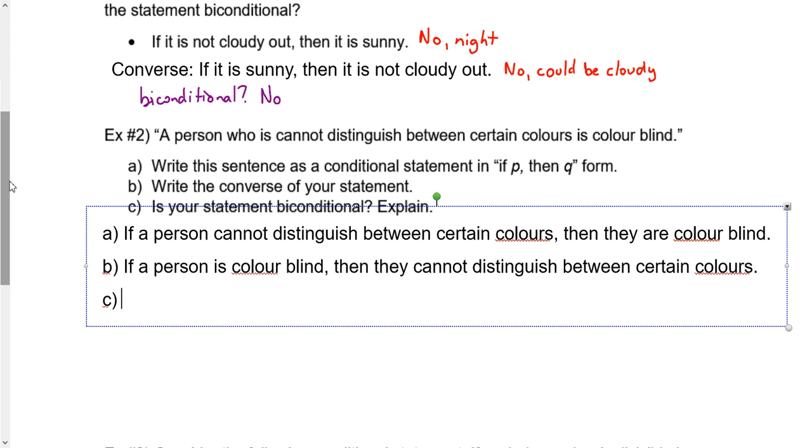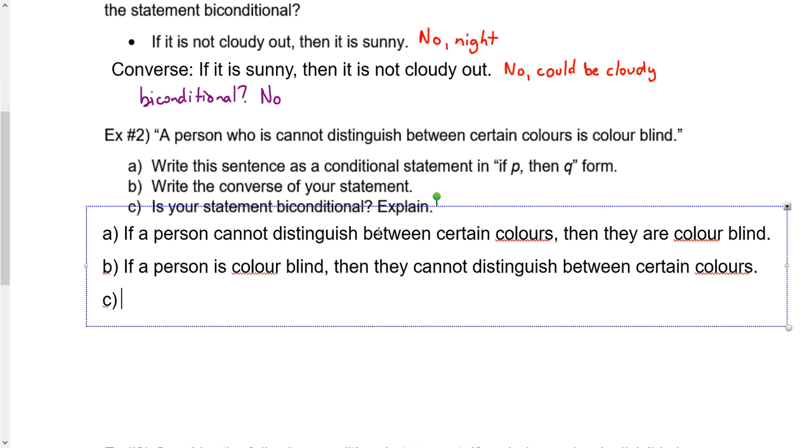Is this statement biconditional? In order for something to be biconditional, both the conditional statement and the converse have to be true. Now, just so you know, I will always ask things in a certain order: conditional, then converse, then the other two. I will always ask in that order, just so not to mess with you.